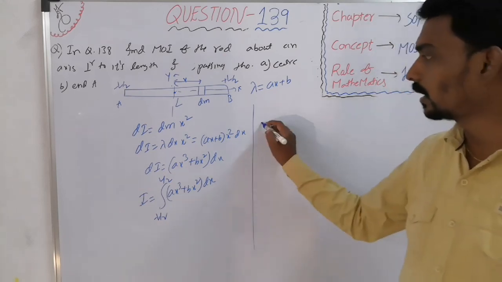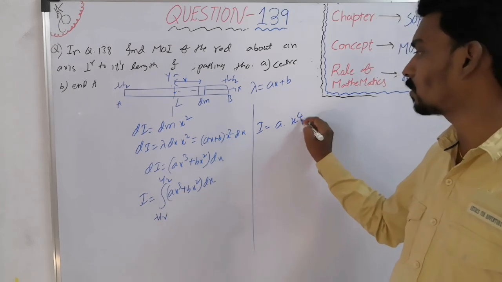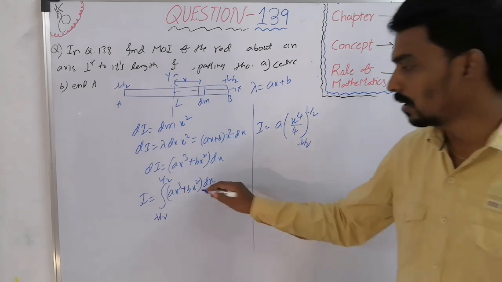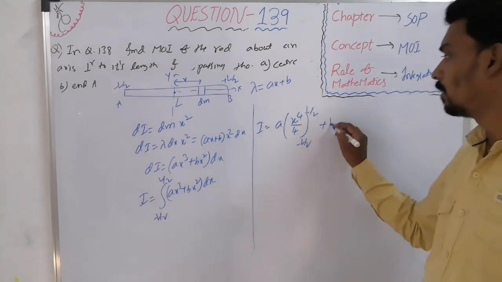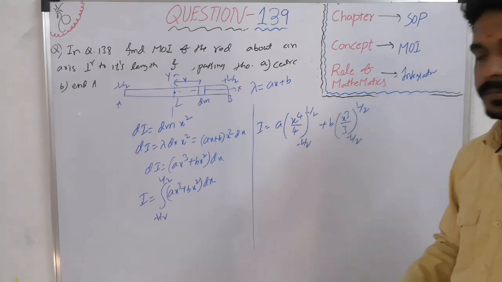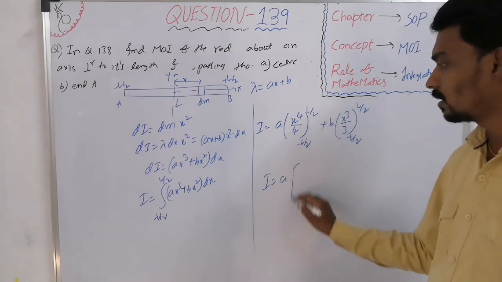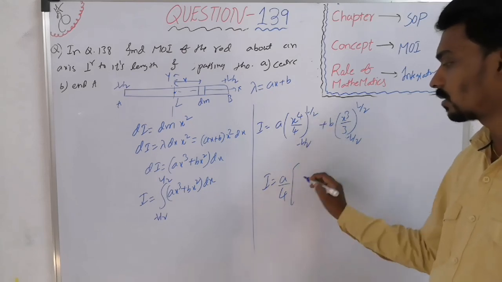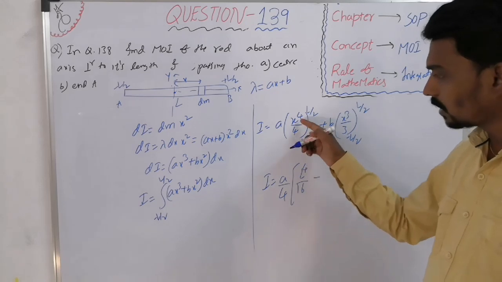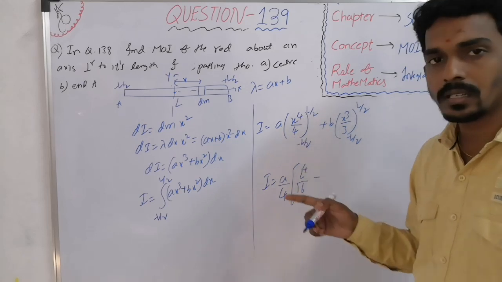Then take the integration. A into integration x cube dx is x power 4 by 4, from minus L by 2 to plus L by 2, plus b x cube by 3, again from minus L by 2 to plus L by 2. So that moment of inertia will become A by 4 you take it outside, L power 4 by 16 minus, see, minus L by 2 power 4 means again it will become plus only because the power is even number.